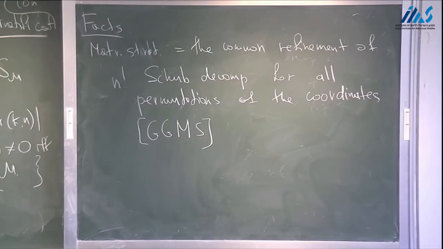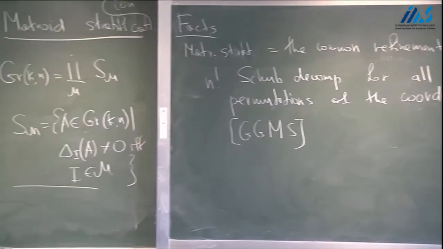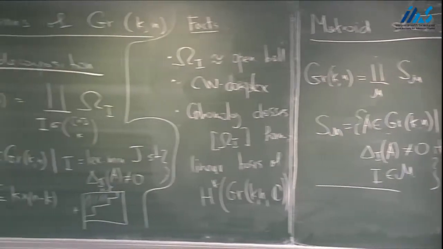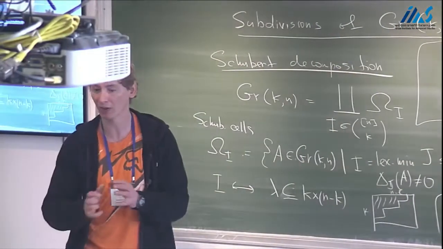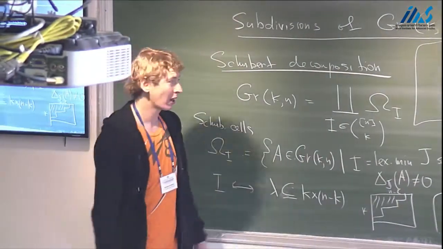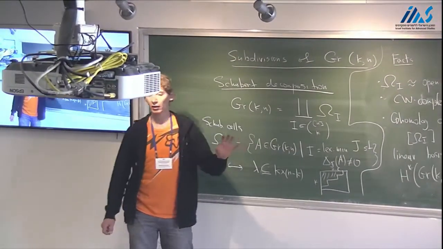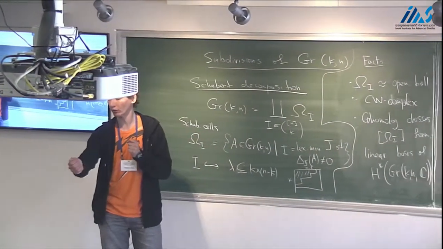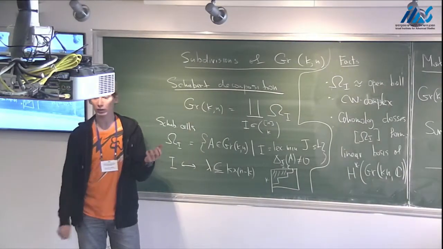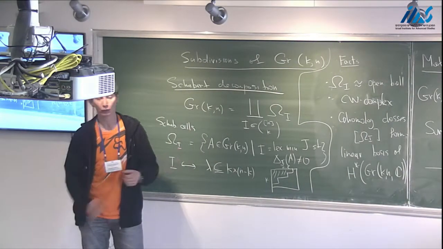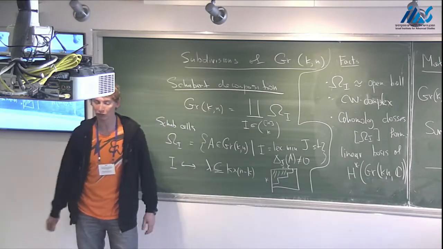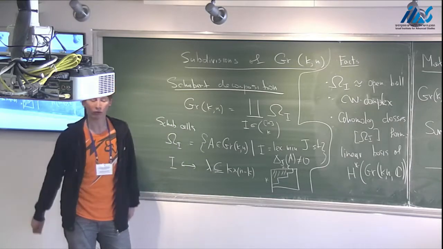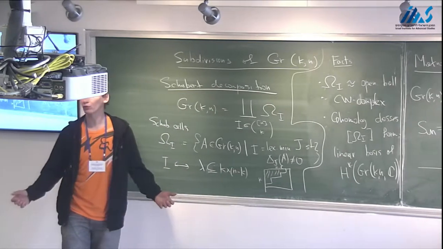Now, if you pick some other ordering of the ground set, say 3 is less than 1 is less than 5 is less than 7, so you somehow permute your ground set, and pick the lexicographically minimal base in this permuted ordering, that will give you another Schubert decomposition. If you do it for all n factorial orderings, basically that means that you fix the whole Matroid.